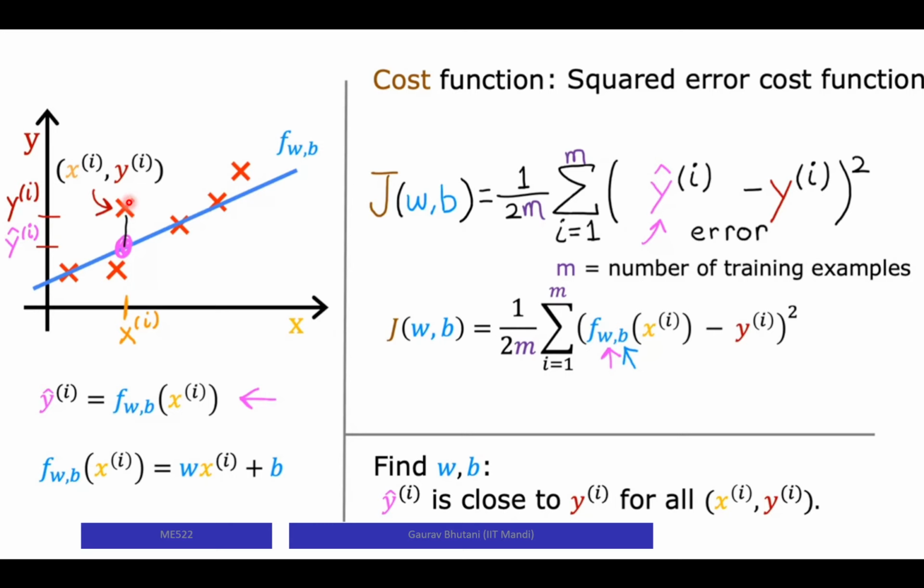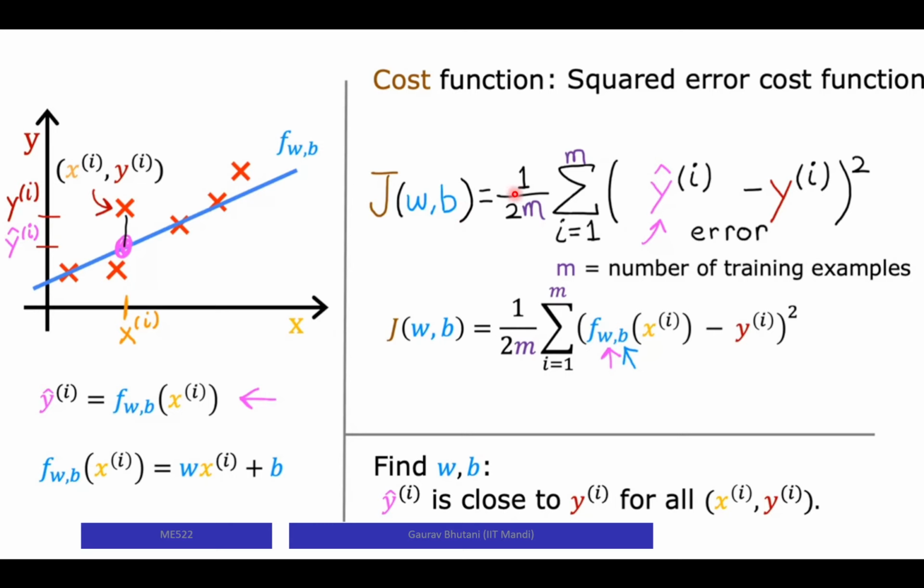So this is the error. The way it works is you decide on some cost function, basically a function that you want to minimize, and the function will then be minimized, and for the condition for the minimum cost you will have some parameters w and b, which are your final or optimum values of w and b.